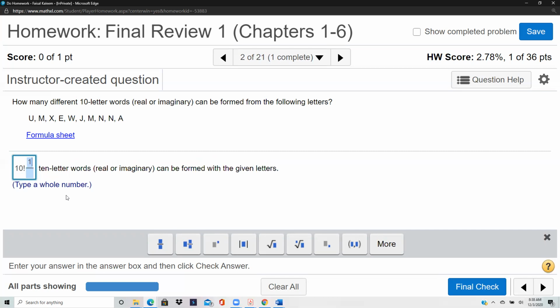I want to write 10 factorial in the numerator. And then in the denominator, since M is repeated 2 times, I will write a 2 factorial for that.